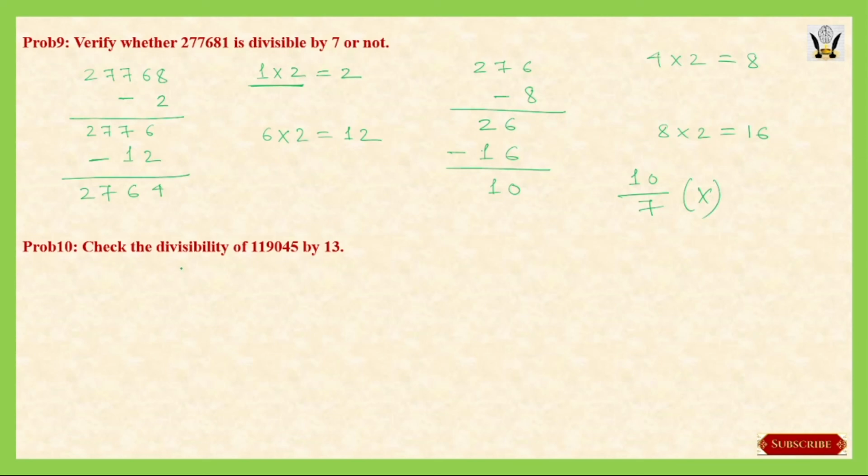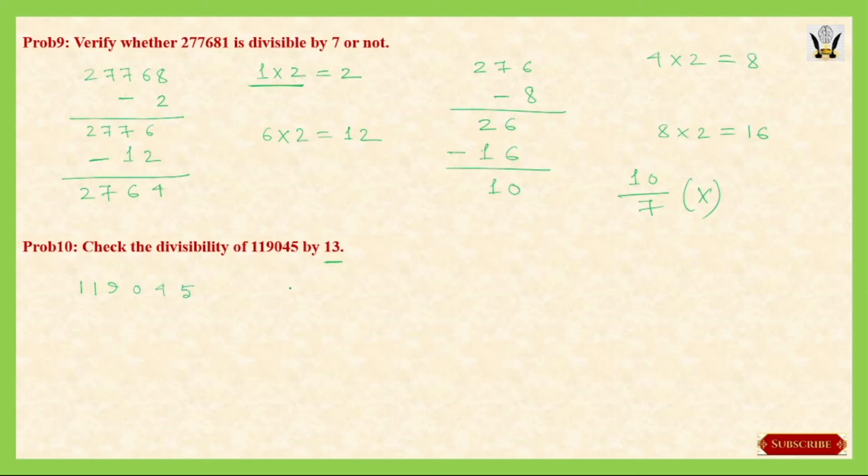Now we have a similar kind of problem next, and that is the divisibility of a given number by 13 this time. The given number is 119045, and we have to check the divisibility by 13.